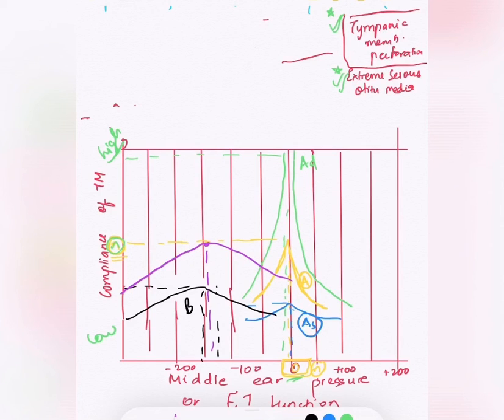Okay, so this is the curve C. Okay, so I hope these things are clear to you. I will clear these things so that all these graphs are pretty much clear to you.